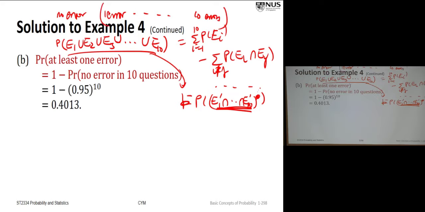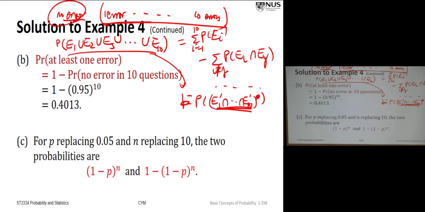This part is at least one, so this is a complement event of all this. So it's equal to 1 minus 0.95 to the power 10. From here, we can also write down the probability as 1 minus (1 minus p) to the power n. Okay. So that's chapter 1.